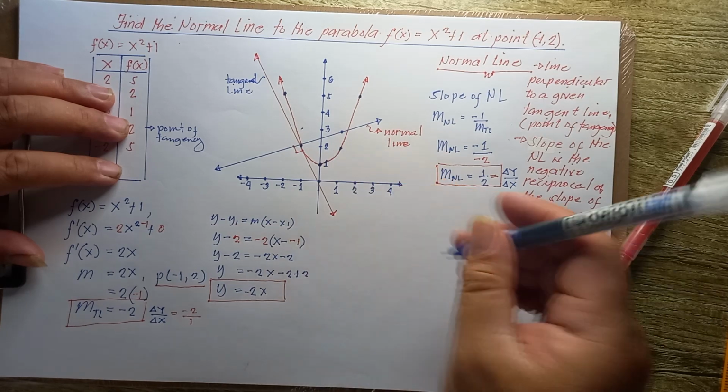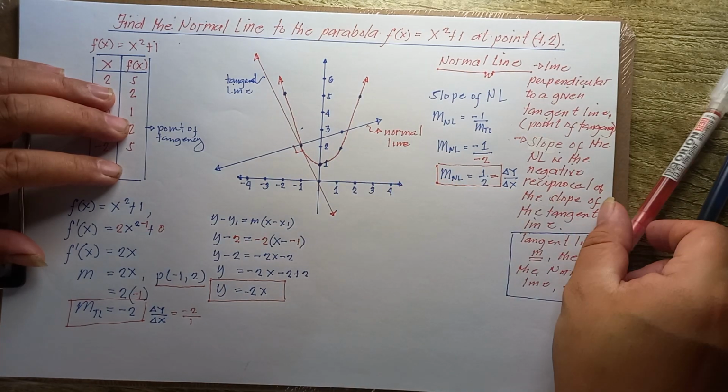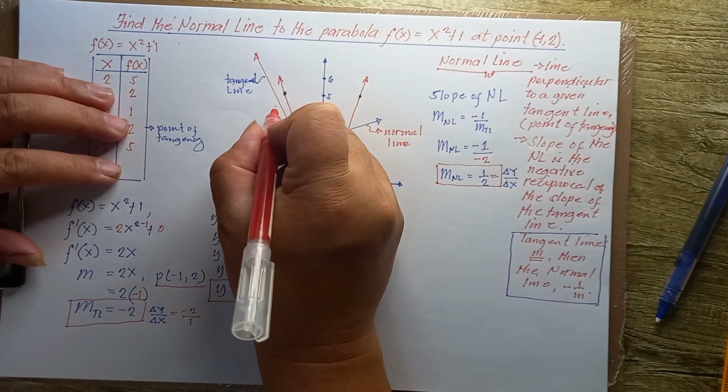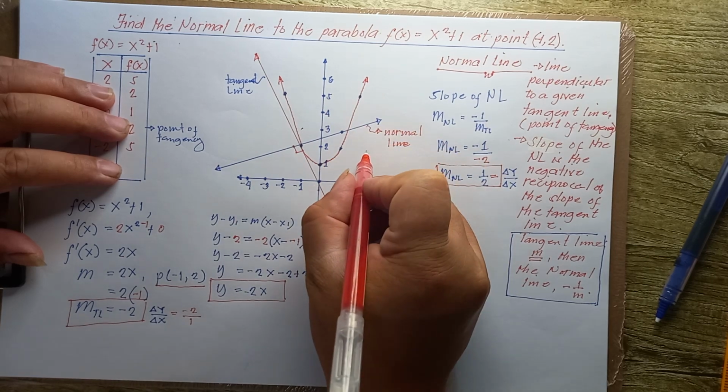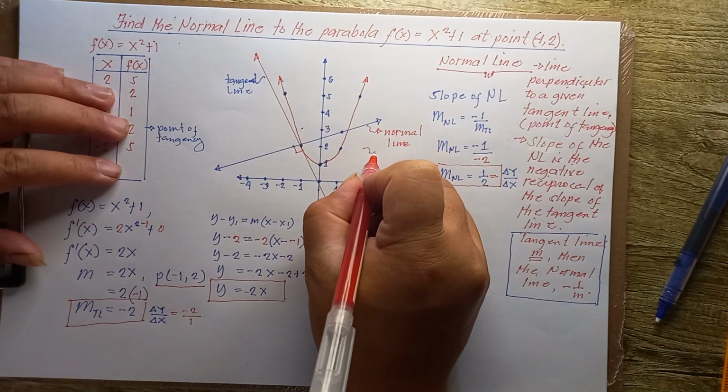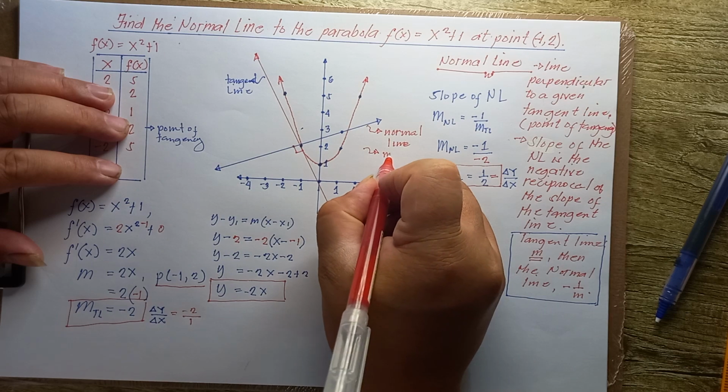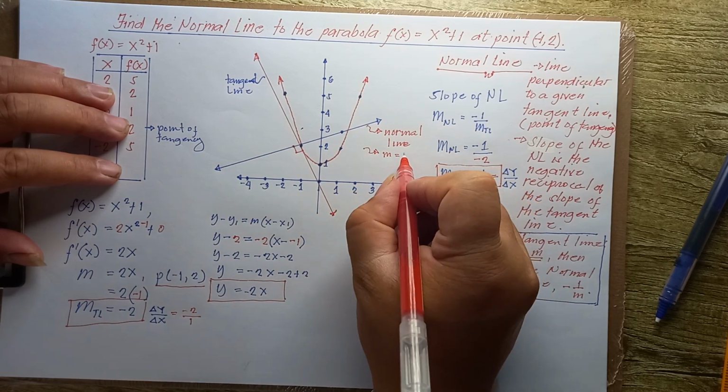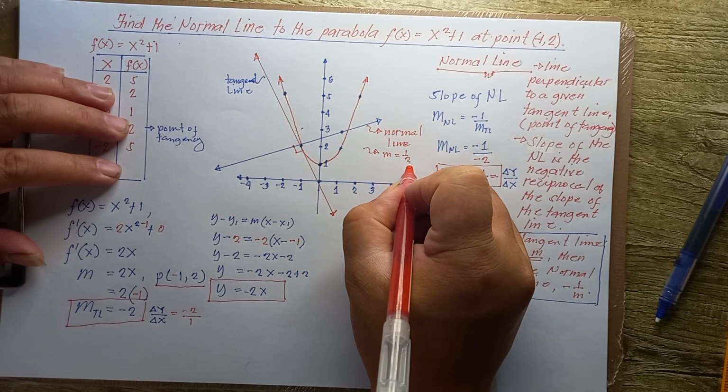Notice again that if I have this normal line, the slope is actually positive 1/2.